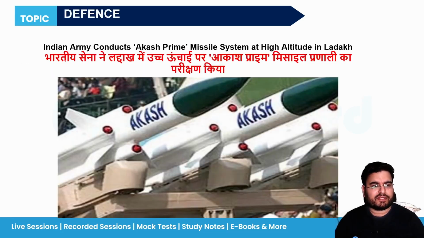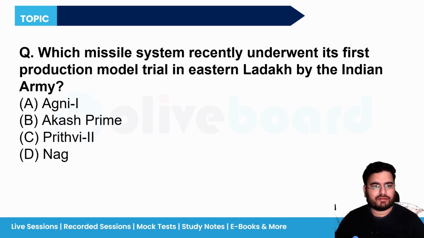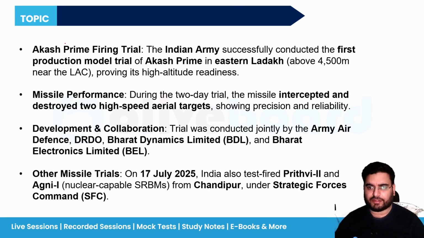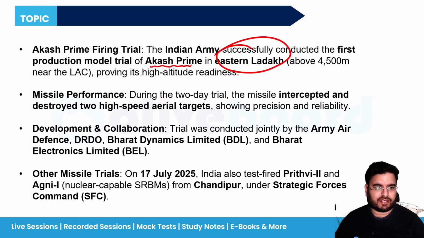Next, defense related news. Indian Army conducts Akash Prime missile system trial at high altitude in Ladakh. Which missile system recently underwent its first production model trial run in eastern Ladakh by Indian Army? Correct answer is Akash Prime. So let's see what is Akash Prime. Basically it is a missile. It has been tested in eastern Ladakh, basically to check whether we are ready for high altitude warfare or not.